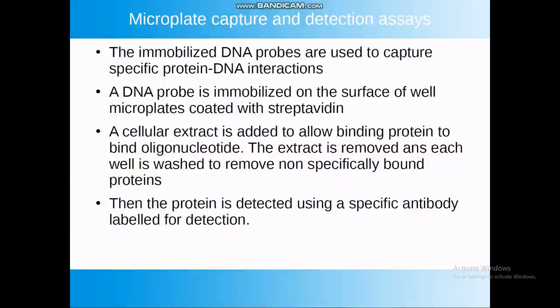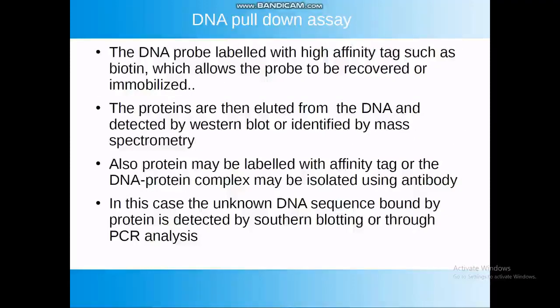The well of the microplate is coated with streptavidin and the DNA probe is immobilized on the surface. Then the cellular extract is added to allow binding protein to bind the oligonucleotide. The extract is removed and each well is washed to remove non-specifically bound proteins. Then the protein is detected using a specific antibody labeled for detection.